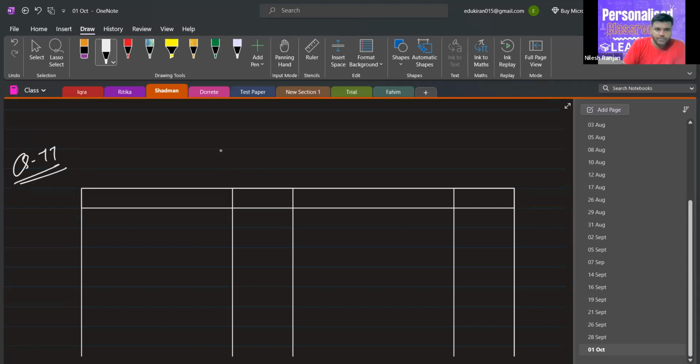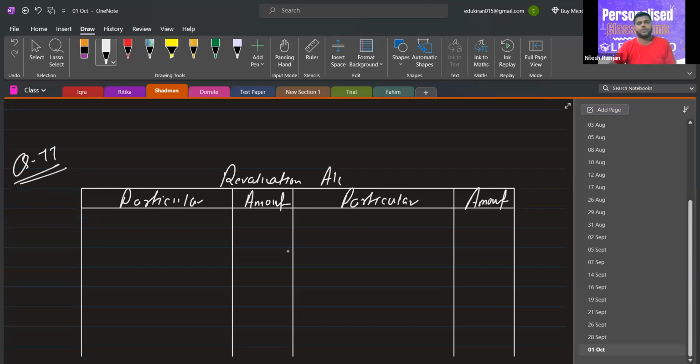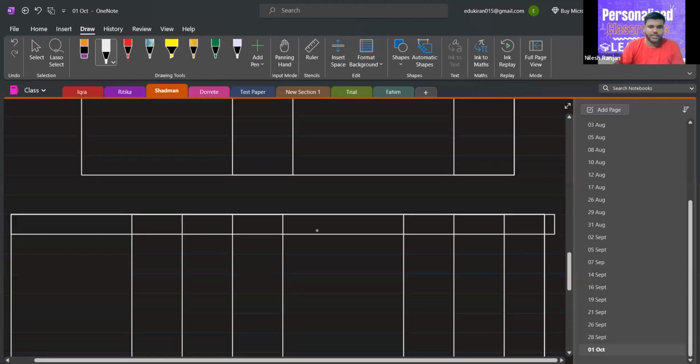After that, we will do the revaluation account, with the headings particulars and amount. After that, the partners' capital account.